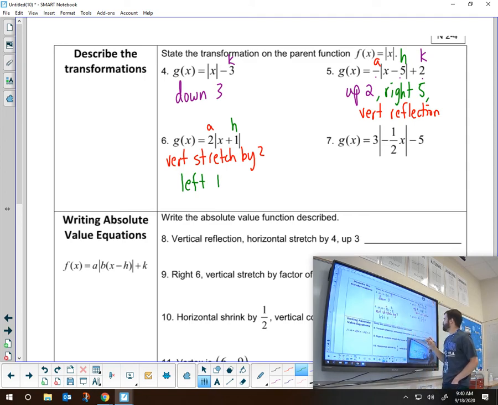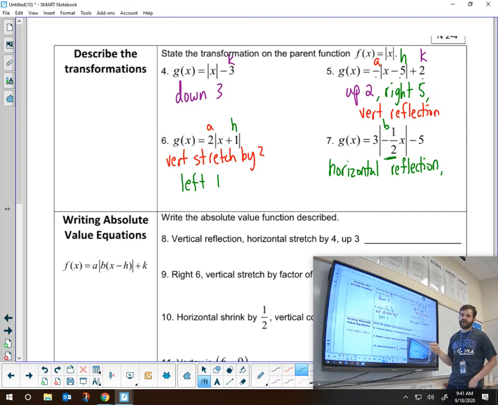Okay, last one. This one's kind of tricky because we have a b. You're not going to see a whole lot of b's, they're kind of weird, but that b on the inside there is going to affect my graph. So first off, with this b in here, it has a negative, so instead of a vertical reflection, we're going to have a horizontal reflection.